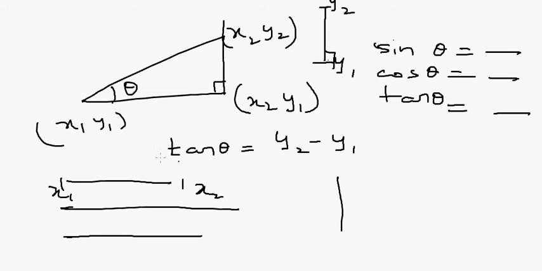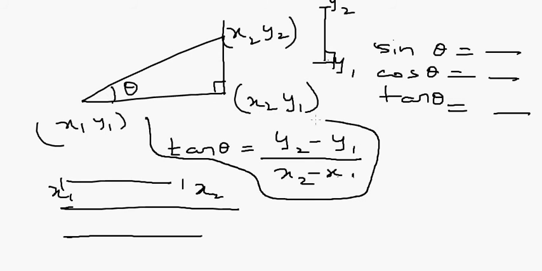So this side is x2 minus x1. That's how we find tan theta.